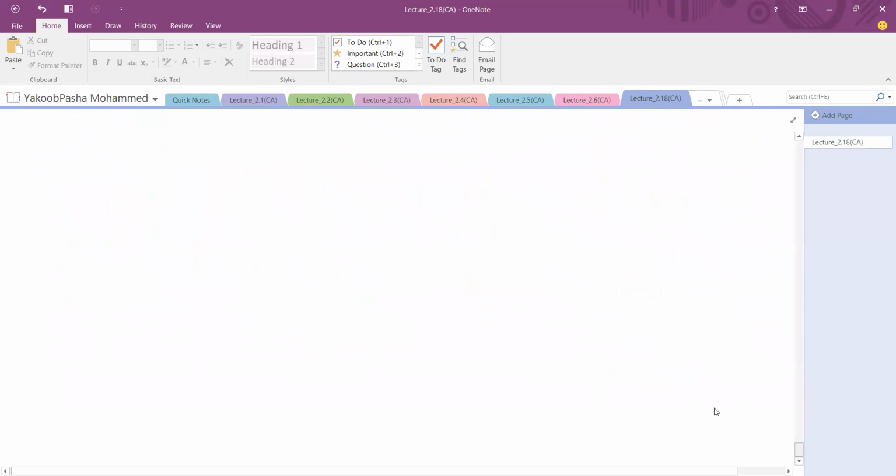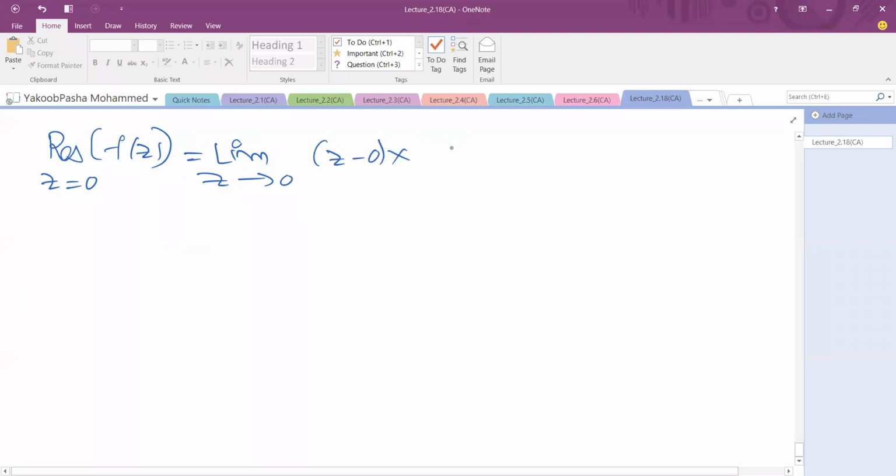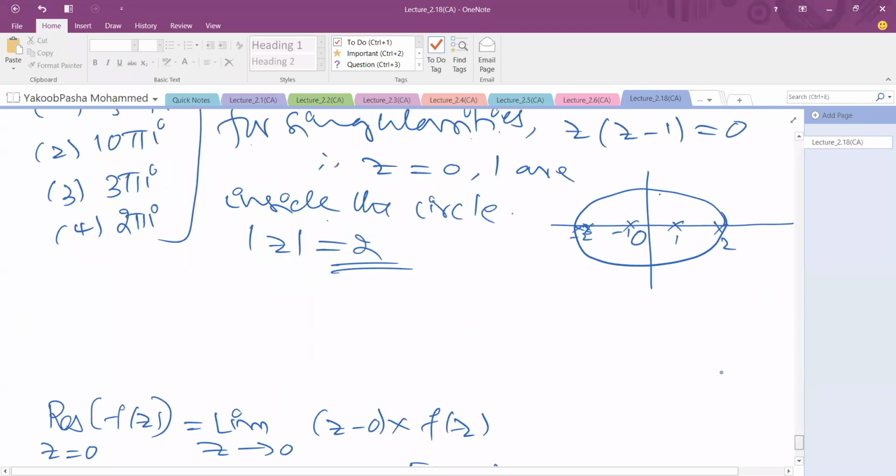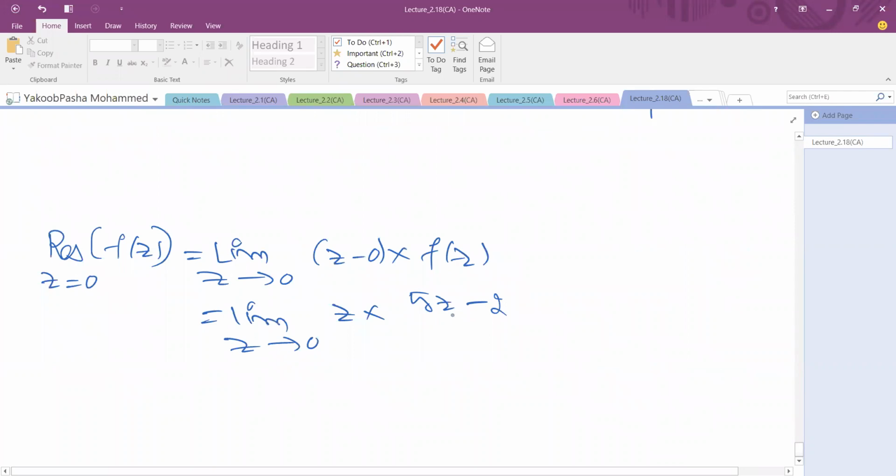First I am calculating the residue of the function at z is equal to 0 as limit z tends to 0 of z minus 0 into f of z. That is equal to limit z tends to 0 of z into f of z, which is 5z minus 2 divided by z into z minus 1.